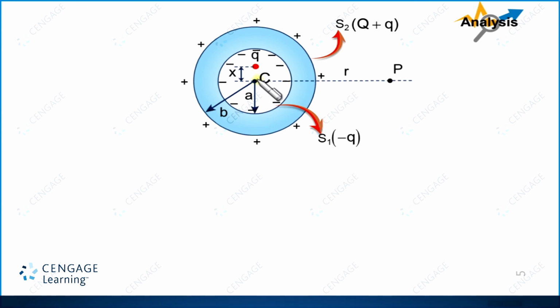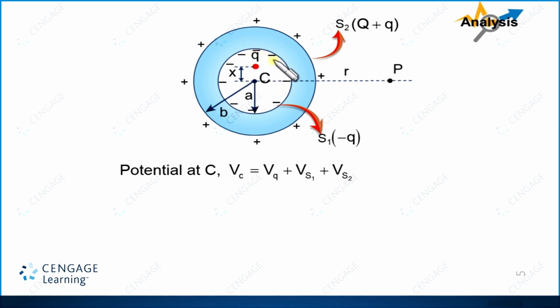Electric potential at C will be due to small q, the induced charge at the inner surface and the induced charge at the outermost surface. That means potential at C is equal to V small q, V S1 for this surface, and V S2. Okay, and the distance of the point charge placed at this position is small x. So the potential due to this charge should be equal to 1 upon 4 pi epsilon naught, q divided by x.